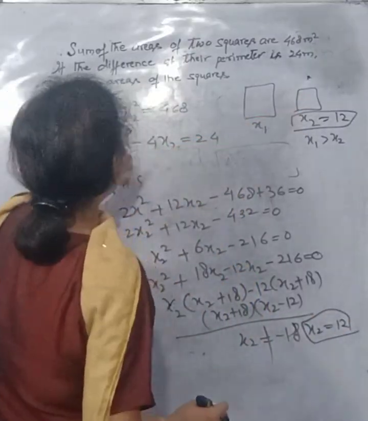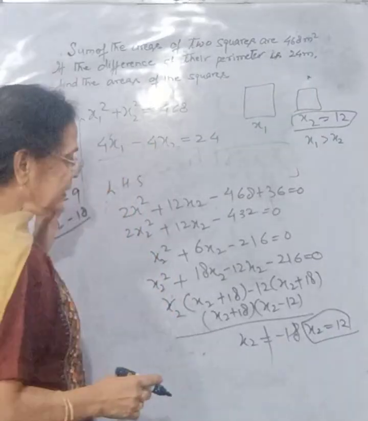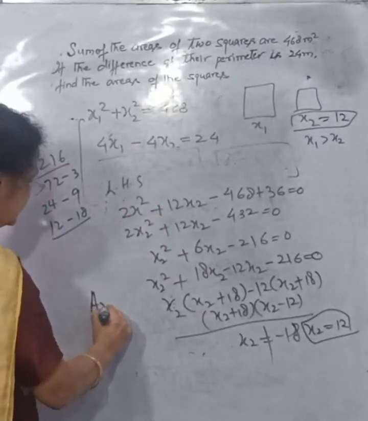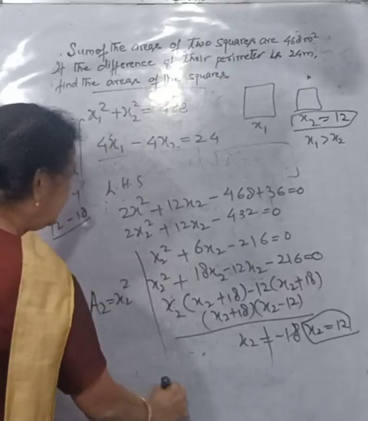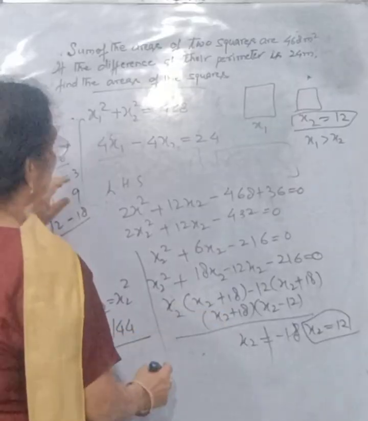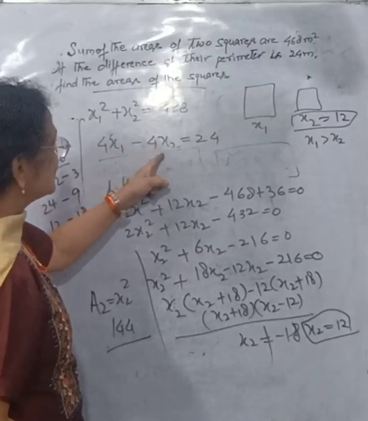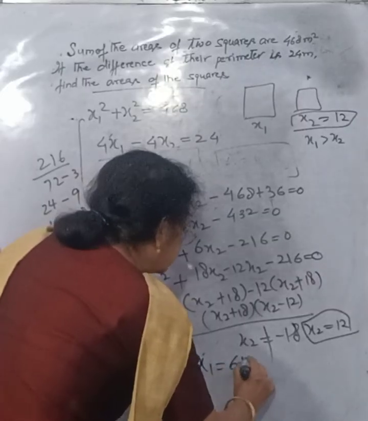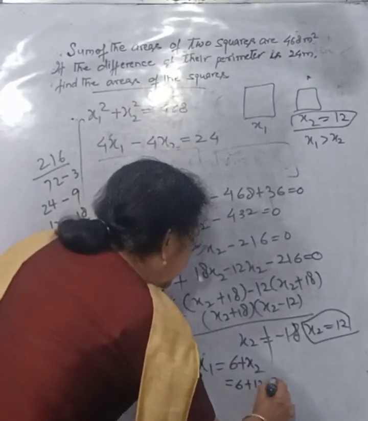Hence, the side of the other square can also be obtained. The area A2, which is asked by us, will be x2 square, that is 144. Now x1 can also be obtained, as we know x1 minus x2 is equal to 6, so x1 is equal to 6 plus x2. It means x1 will be 6 plus 12, that is 18.